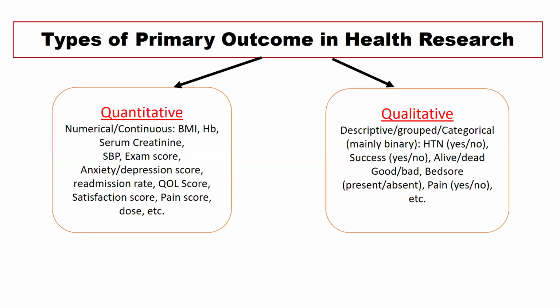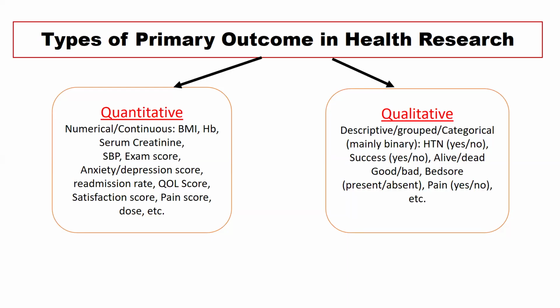Yesterday we discussed types of primary outcome in health research. This is the most important slide, I can say. On the basis of the type of outcome variable, whether quantitative or qualitative, the formula for calculating sample size is different.